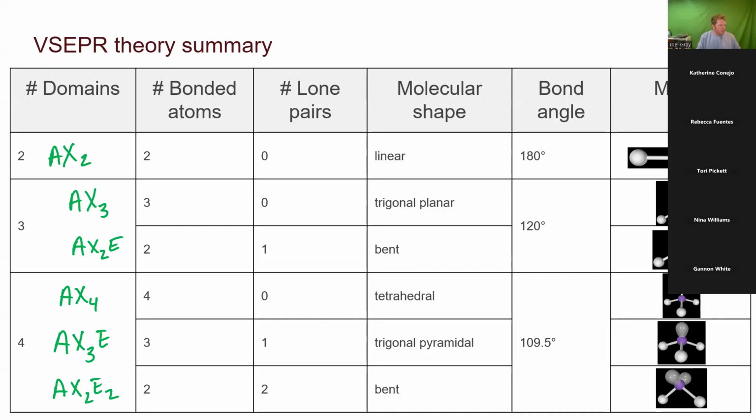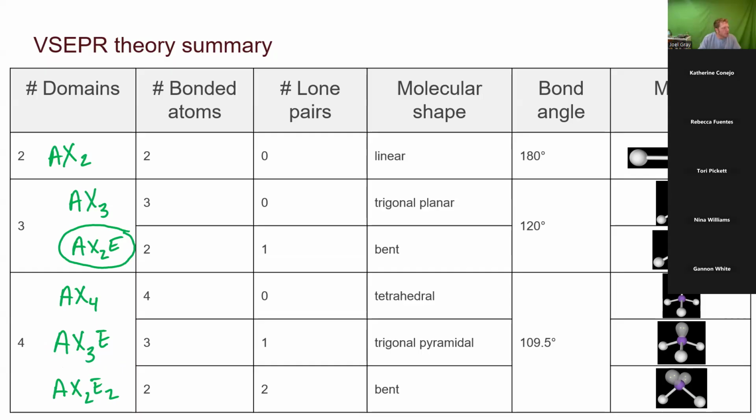Now, what I want you guys to do first is tell me how many lone pairs of electrons are on the central atom in the AX3E1. How many lone pairs of electrons are on that central atom? 1. Great. How many lone pairs of electrons are on the AX2E central atom?